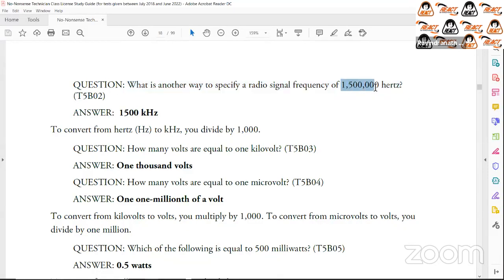So again, a very large number. But remember earlier when we said, instead of saying that I drove 1,000 meters, I can say I drove 1 kilometer. That's what we're doing here. Instead of saying that my frequency is 1,500,000 hertz, let me make it smaller. I know 1,000 of anything is a kilo, right?